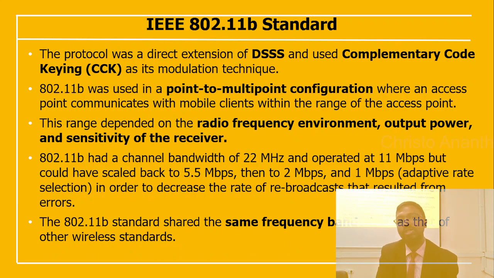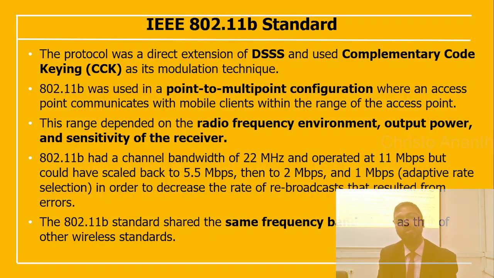The protocol was a direct extension of direct sequence spread spectrum and used CCK, complementary code keying, as the modulation technique. 802.11b was a point-to-multipoint configuration where the access point communicates with the mobile clients within its range.